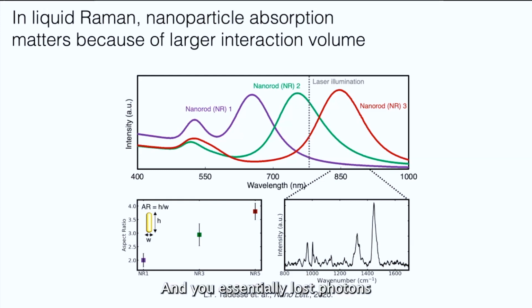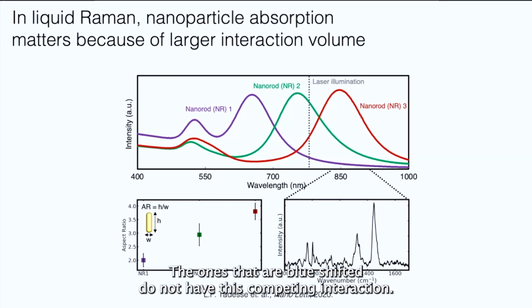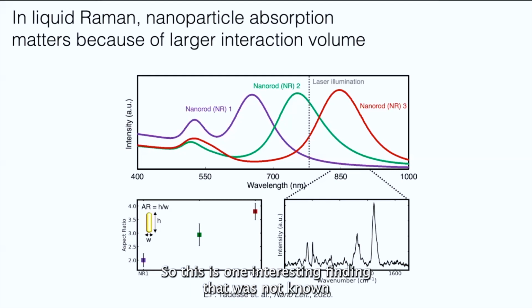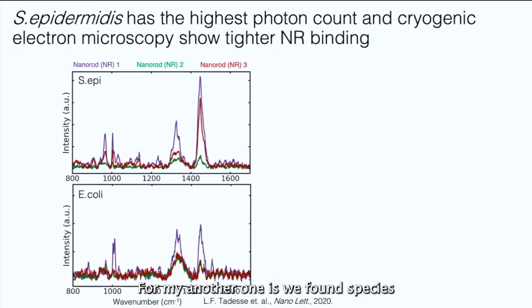And you essentially lose photons in your water volume before it even goes to your detector. The ones that are blue shifted do not have this competing interaction. And so effectively, they do better than the ones that are matching. So this is one interesting finding that was not known before in terms of liquid sample for bacteria format.